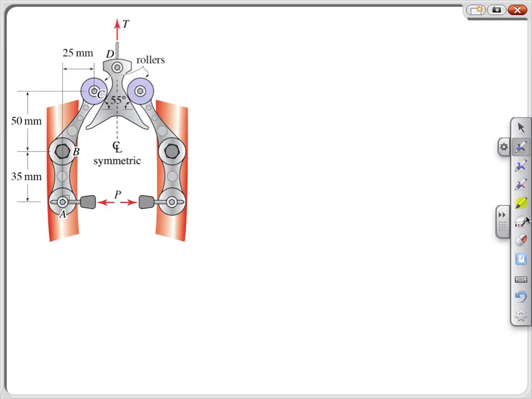We can continue our analysis by figuring out what the bearing forces are, Bx and By. Force equilibrium in X gives us Bx minus N cosine 35 minus P is equal to 0.